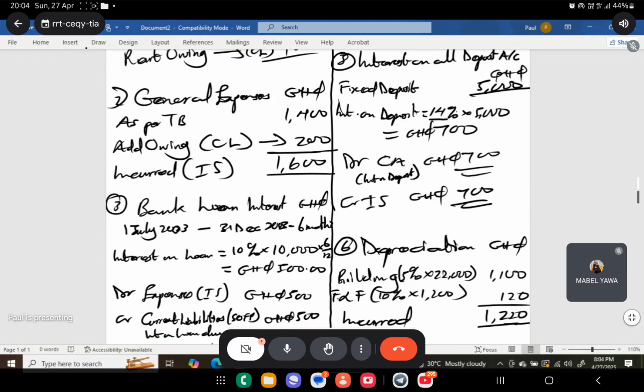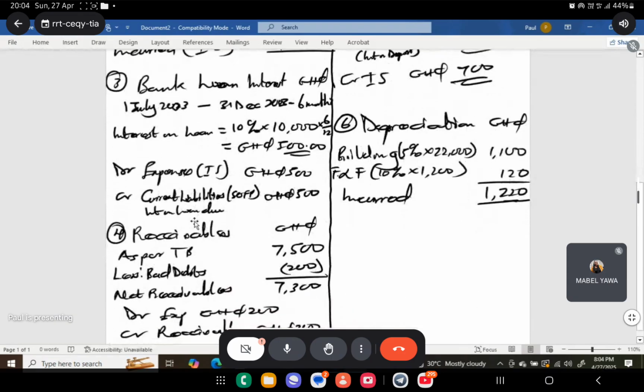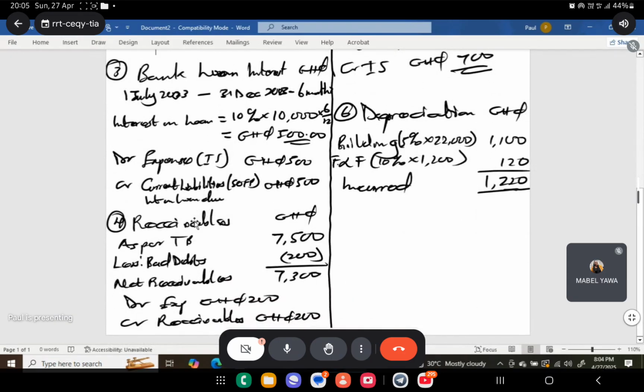So the interest on loan was 500. And I told you that the 500, we will debit expense for the 500, credit it as a liability. Because the interest, we took a loan from the bank, 10,000, we agreed to pay 10% interest.